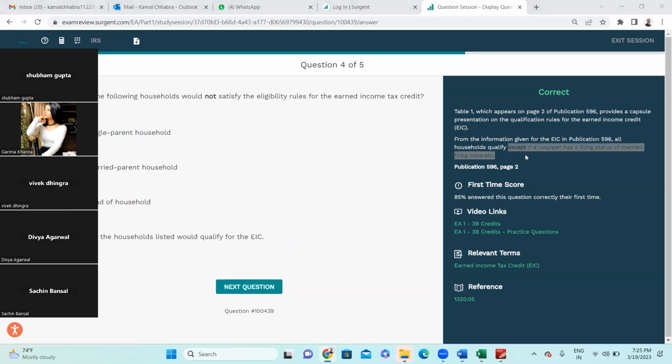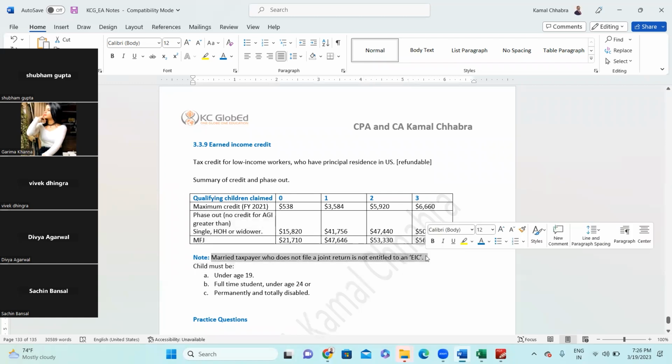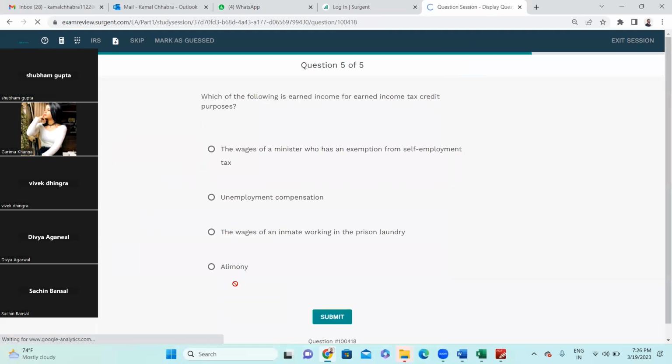A married taxpayer who does not file a joint return is not entitled to EIC. Can you see this note?